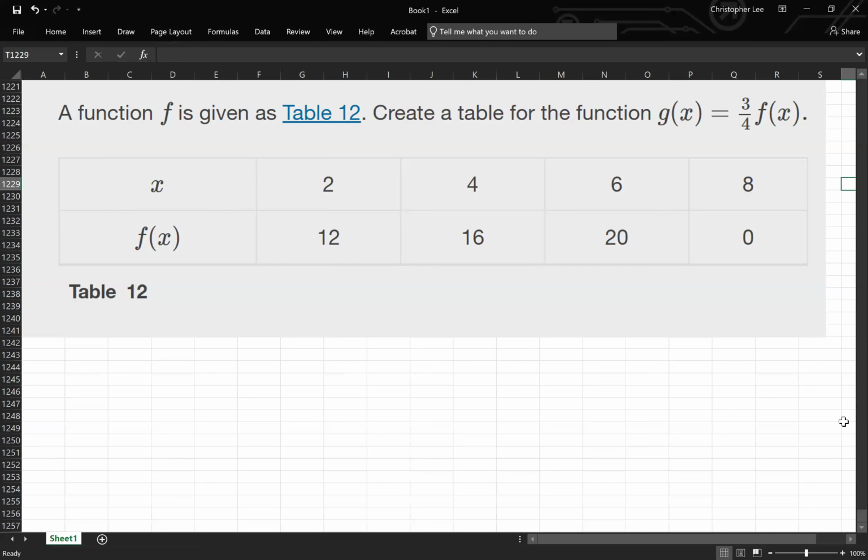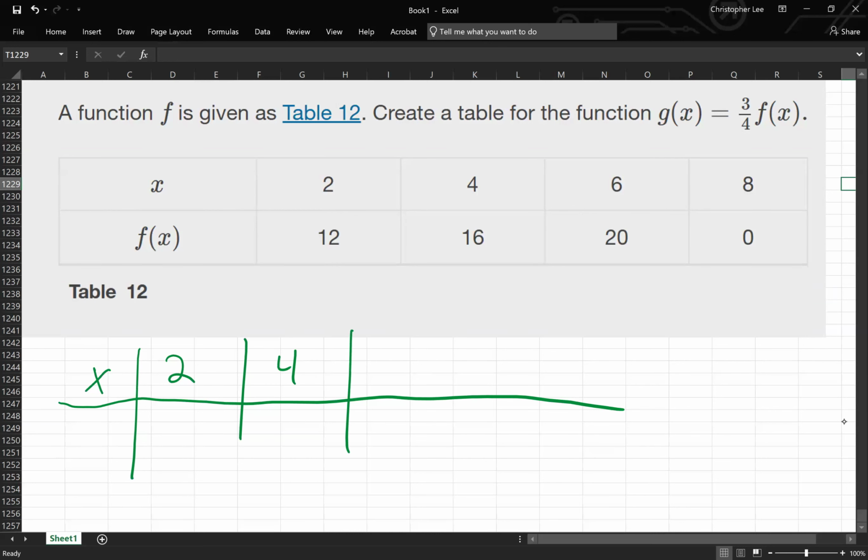All right. Tell me what to write. Let's see what you got for the X's. Good. What you got for the G of X now? Okay. 9, 12, 15, 0. Okay. I'll take it.